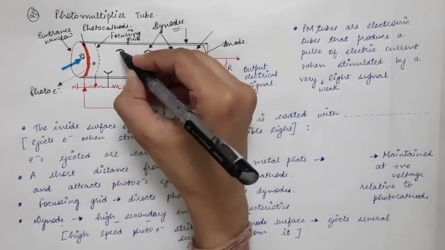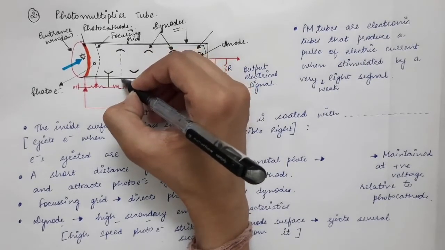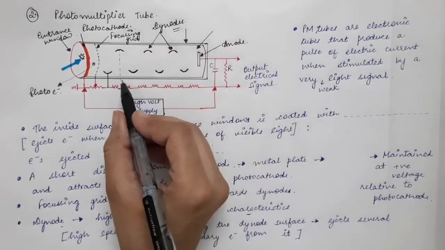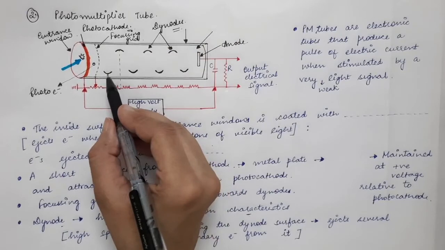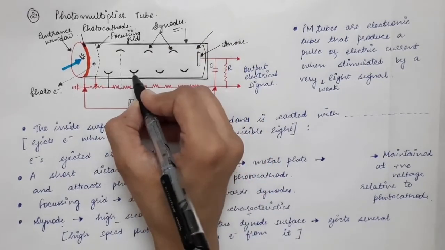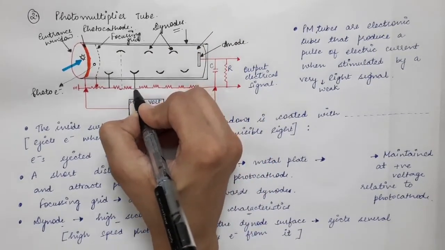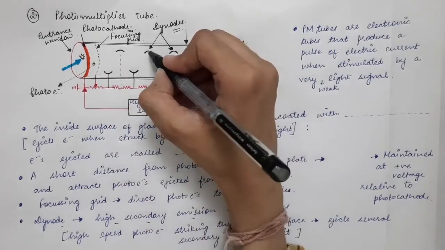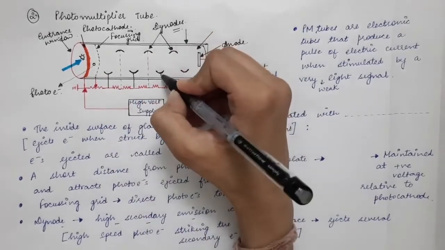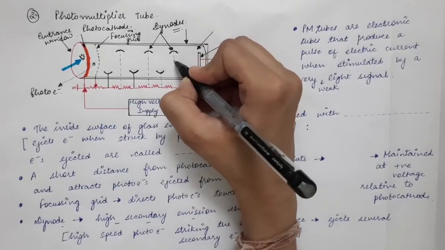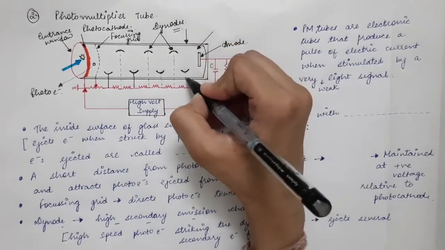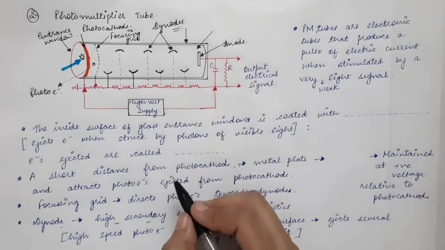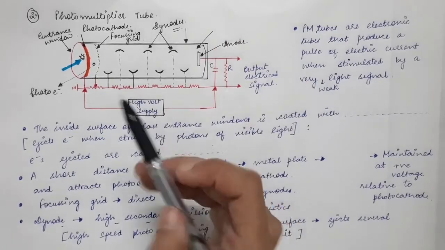Then this second diode is at a higher potential as compared to the first diode. Then this third diode is at a higher potential as compared to the second diode, and so on. So these diodes are kept at higher potential with respect to the previous diode.